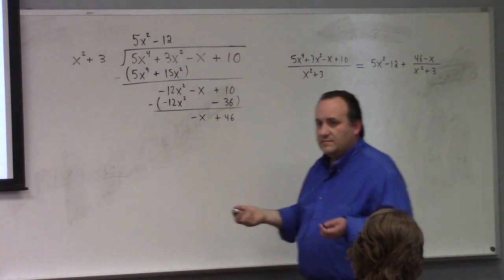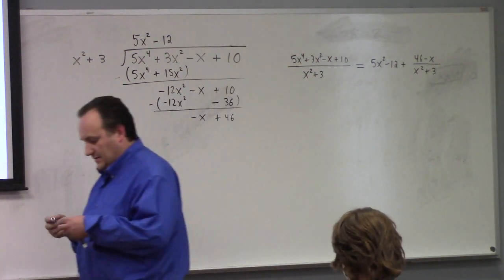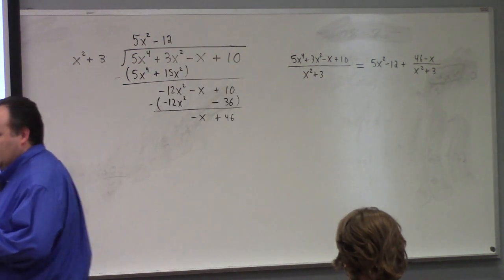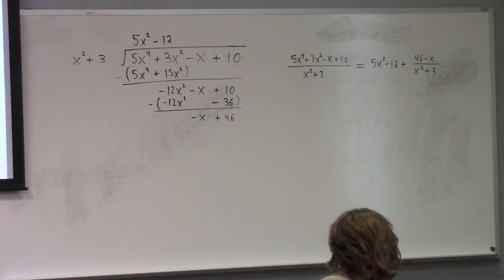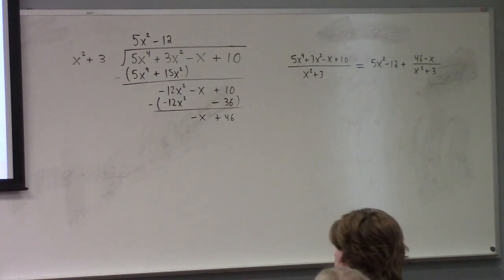So what does this mean? One thing it means is that x squared plus 3 is not a factor of my quartic here. Does that help? Is there a particular thing you wanted to look at?